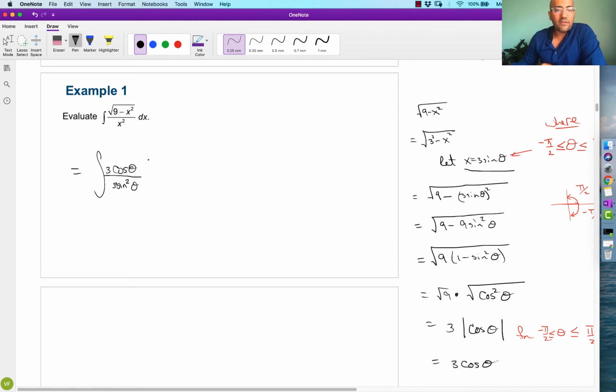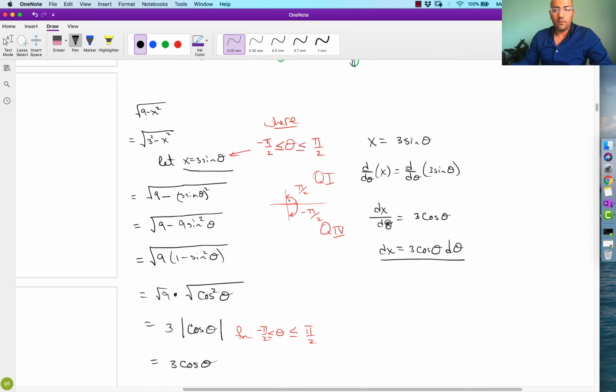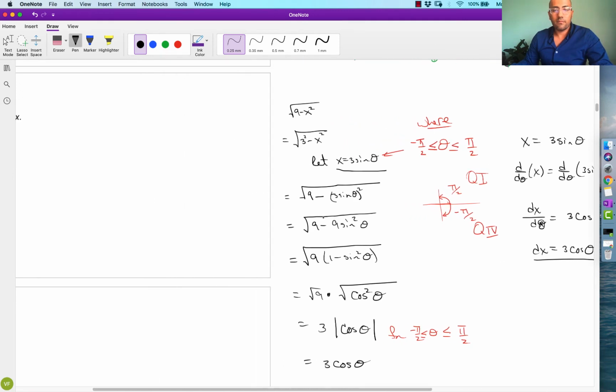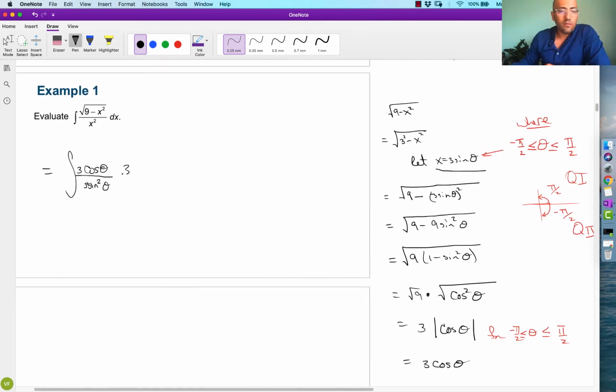And then the dx, which we said is equal to 3 cosine theta d theta.